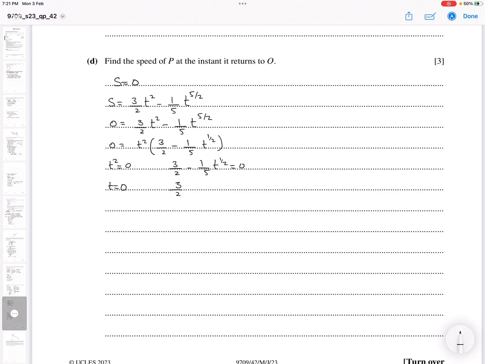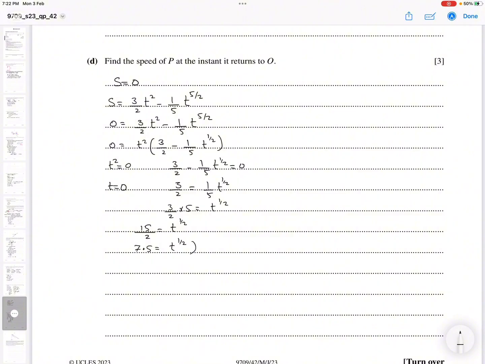So 3/2 is equal to 1/5 t^(1/2). So 3/2 times 5 is equal to t^(1/2). 15/2 is equal to t^(1/2). And 15/2 is 7.5, equal to t^(1/2).